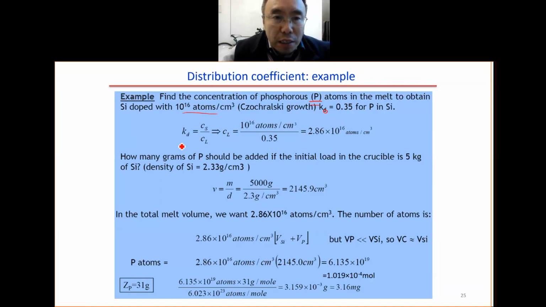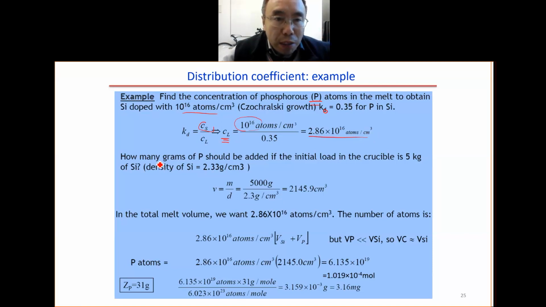So this is defined as Cs over Cl. So the dopant concentration in the liquid is given by Cs divided by Kd, 0.35, which gives this number of atoms per cubic centimeter.